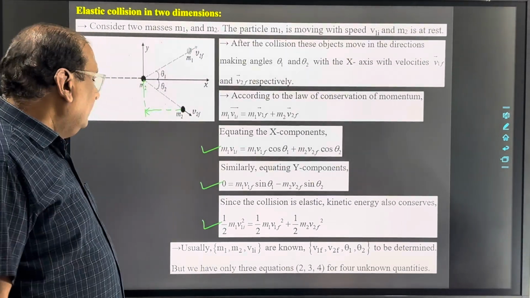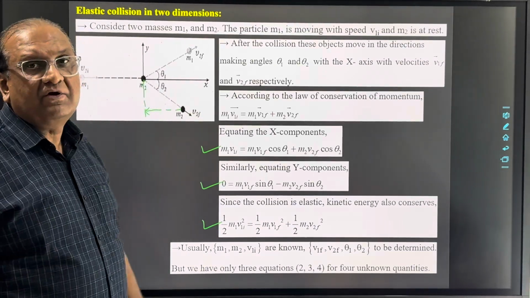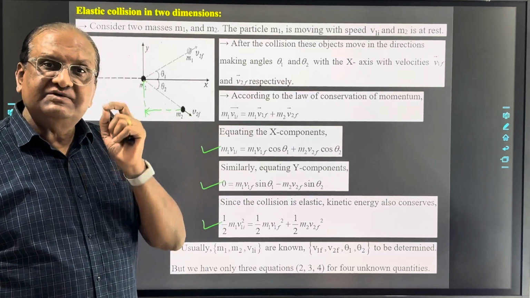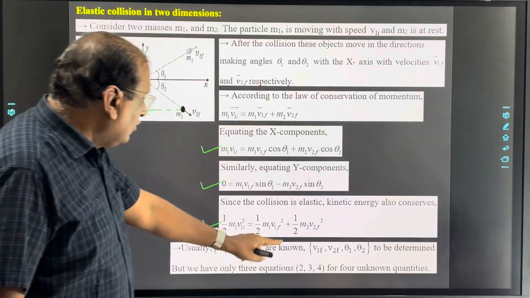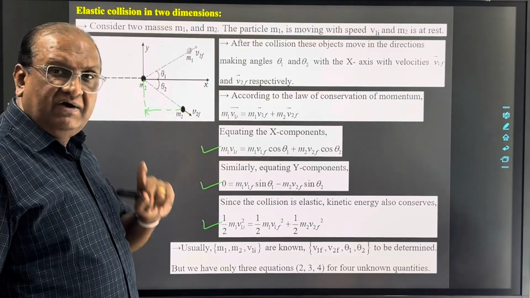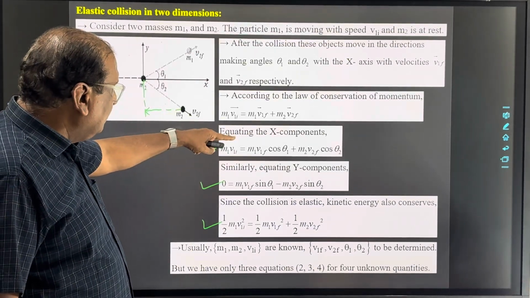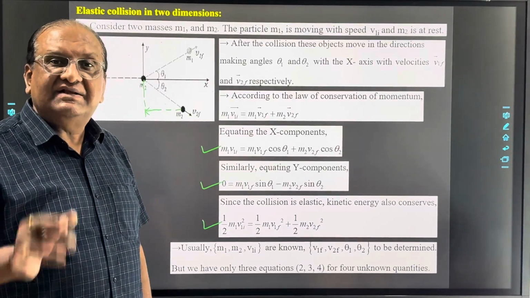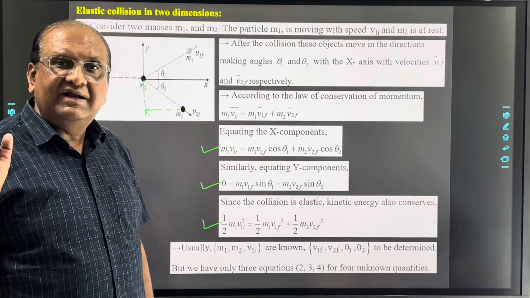So we have to find any one physical quantity experimentally, out of these 4. Then from equations 2, 3 and 4, we can use the elimination method and calculate the remaining 3 unknown quantities. Clear to all of you?